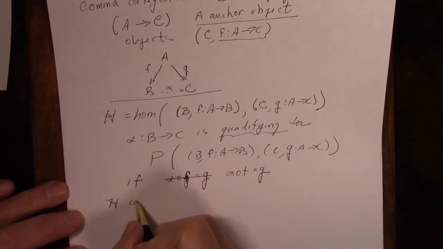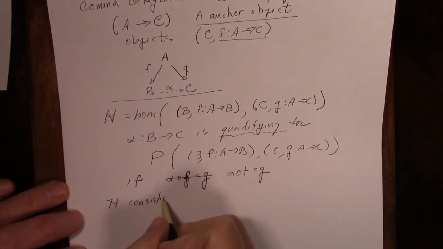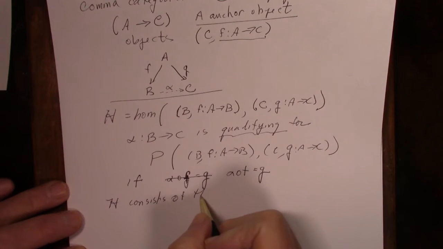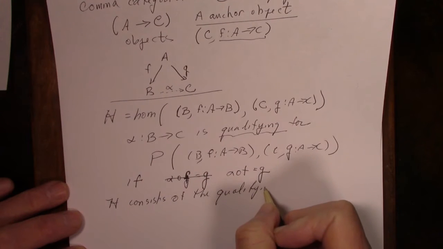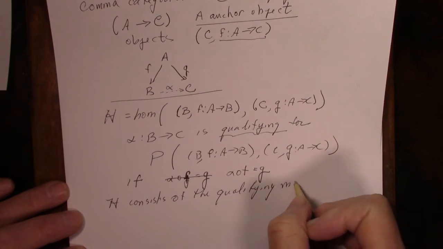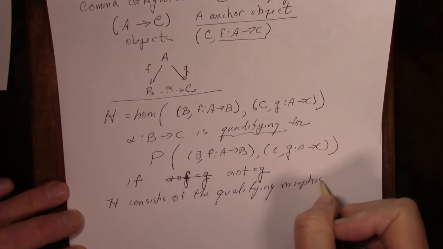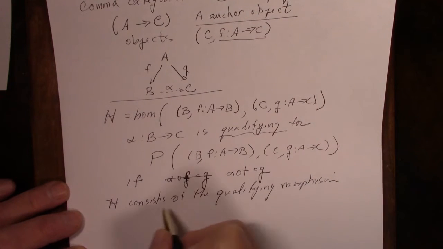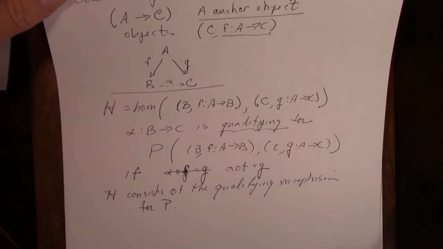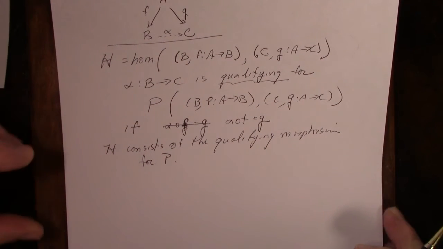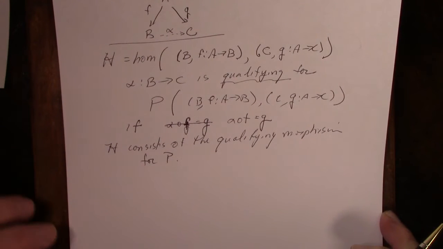Okay, so now by definition then, H consists of the qualifying morphisms for the pair P. Now there's a little bit of a subtlety here, which is really kind of the reason I'm doing this in such detail.